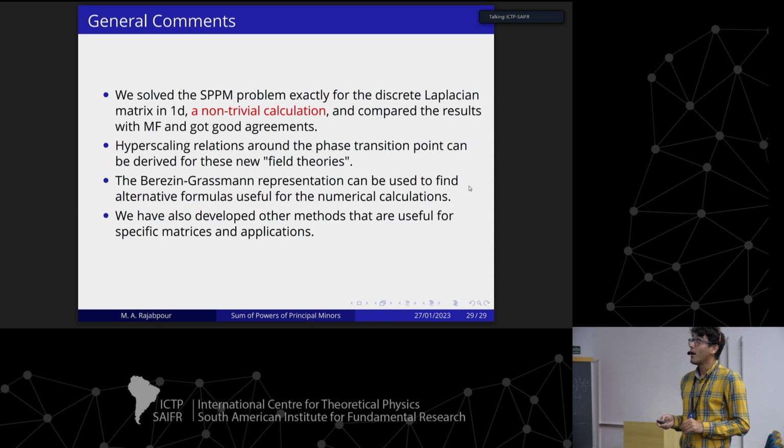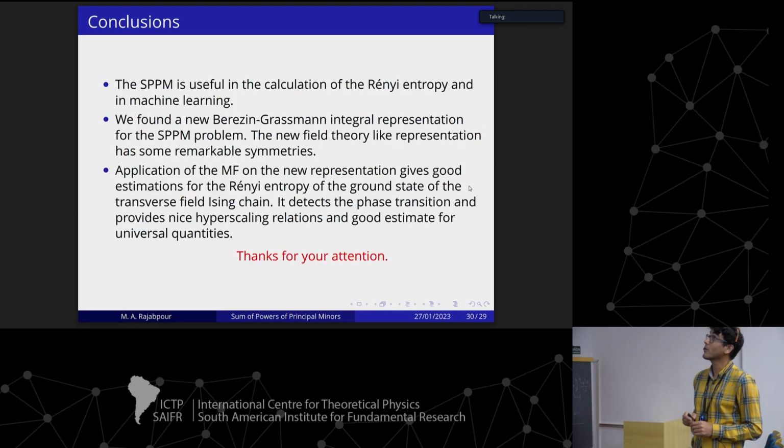Okay, so conclusions. My conclusion is that SPPM: I showed you 3 examples where the sum of powers of principal minors appears. One was the Rényi entropy in quantum spin chains.